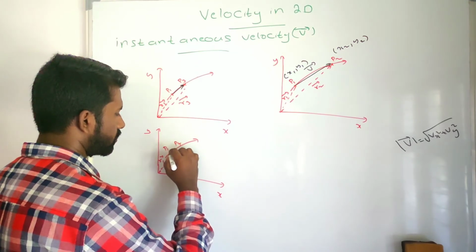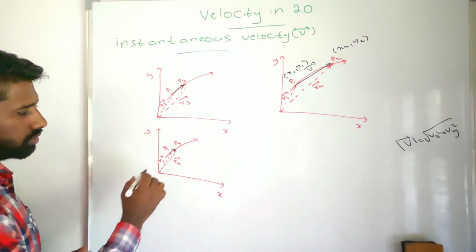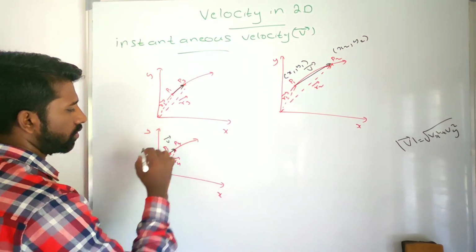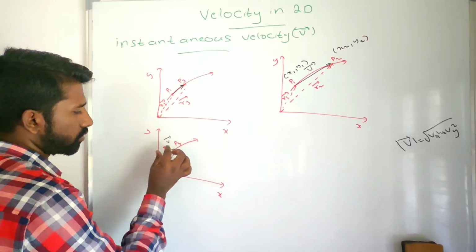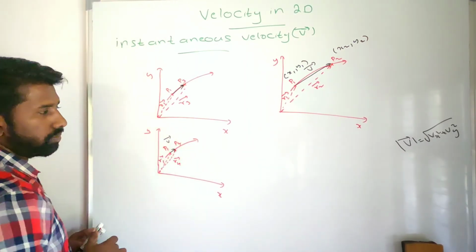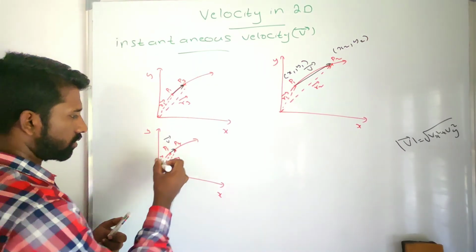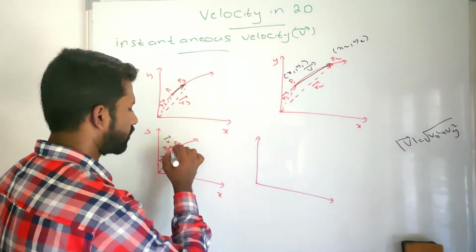Just draw a straight line from P1 to P4. This is the velocity direction. Now you see the velocity direction is just over the path. So if you decrease the time difference, you can see that the velocity direction is just a tangent.